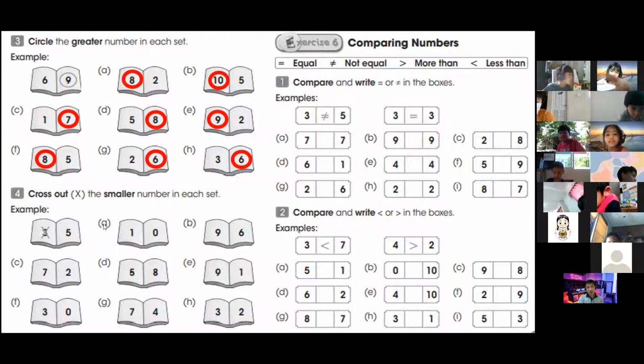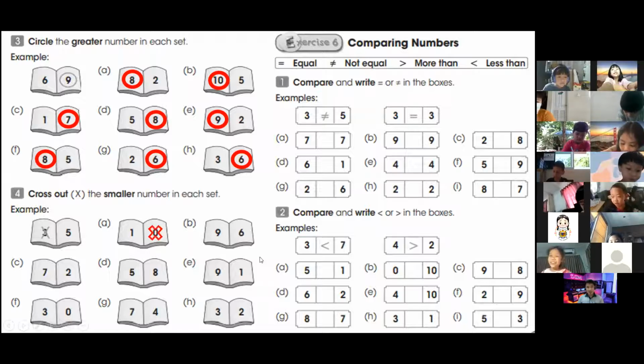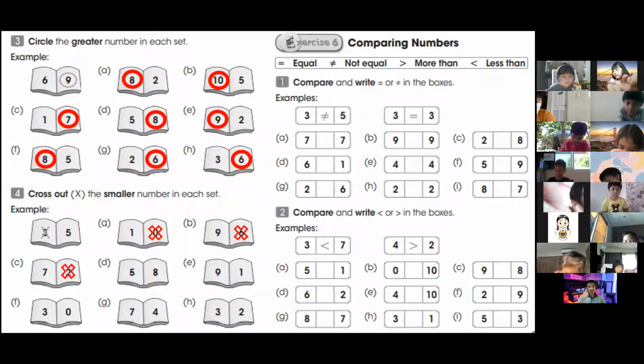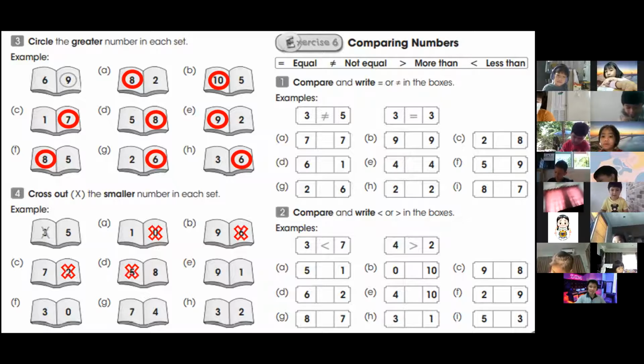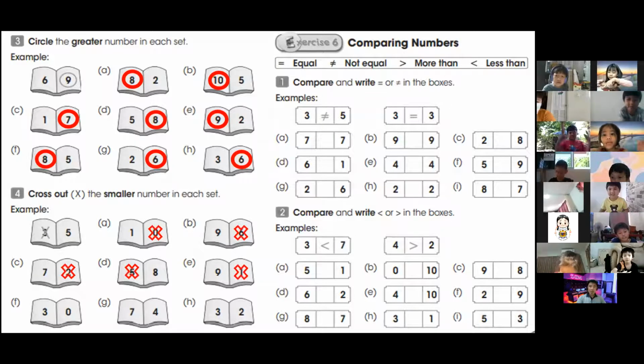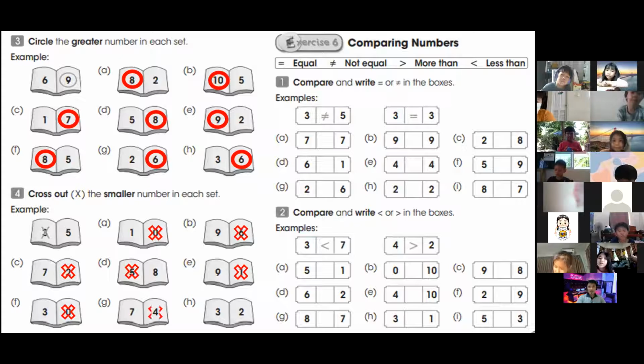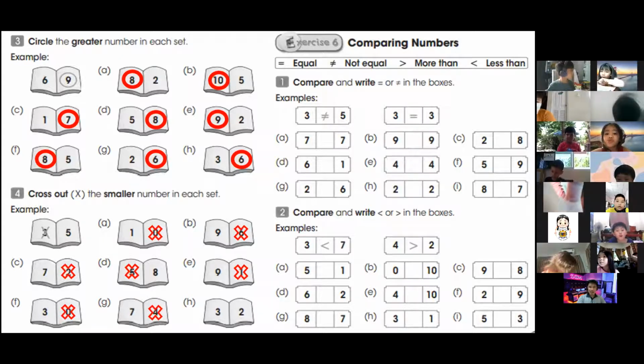Number 4, letter A. Okay, very good. Letter B. Letter C. Letter E. 1.